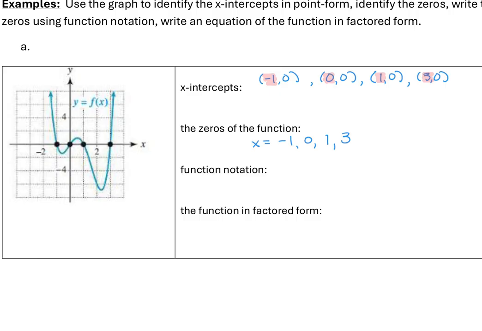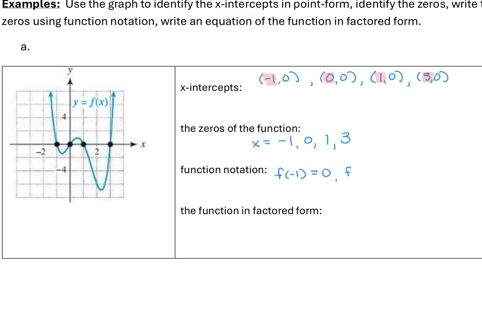All right, we also want to write these points in function notation. So remember function notation, we put our x-coordinate inside the parentheses, and our y-coordinate goes on the other side of the equal sign. So for instance, the first one, f of -1 equals 0.